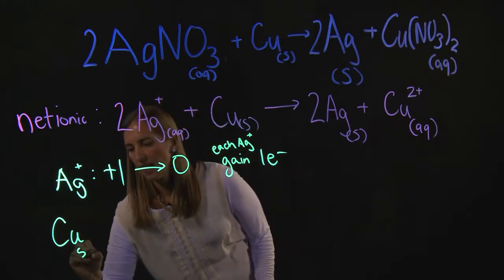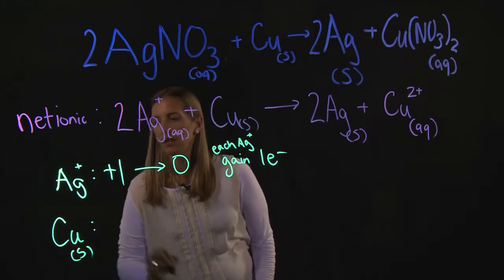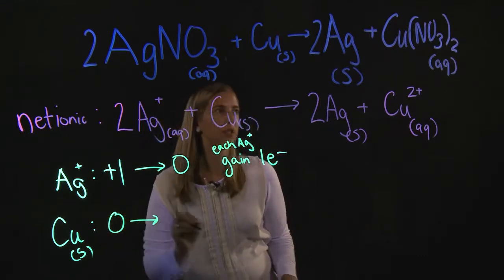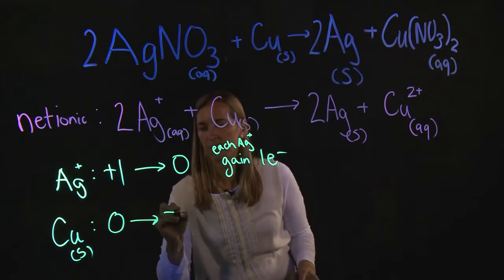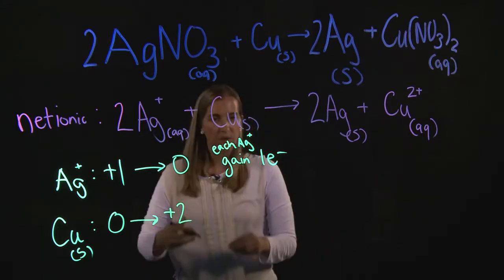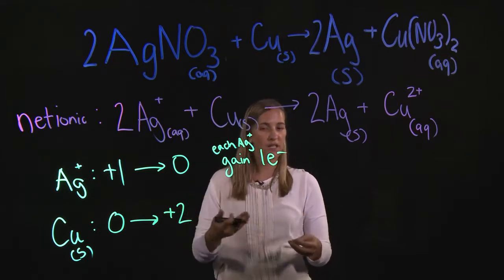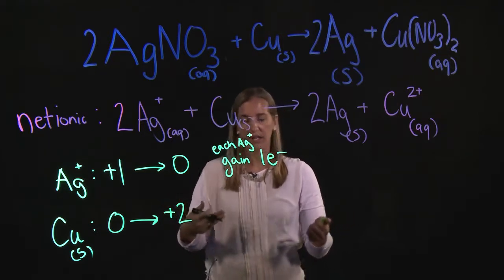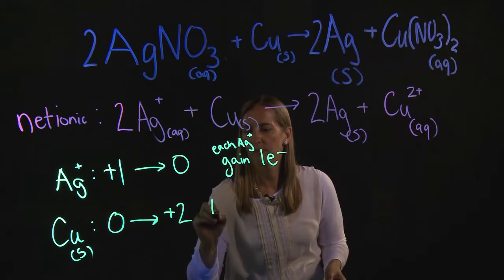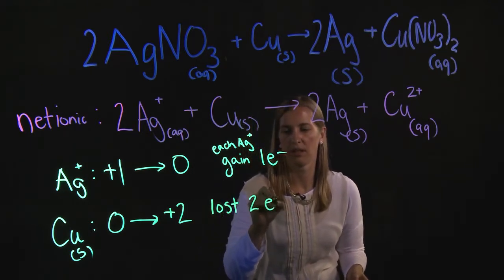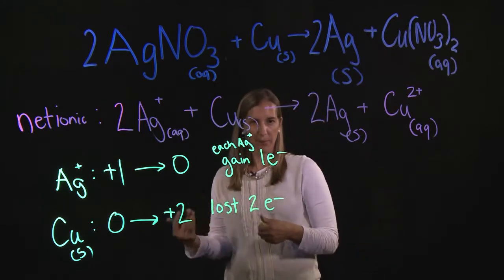Initially, this was a solid with no charge, and it went from no charge to over here a +2. So if it goes from a 0 to a +2, it must have lost 2 negatively charged electrons to now be a +2 charge.